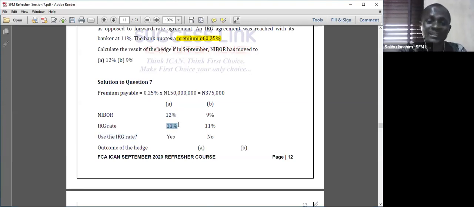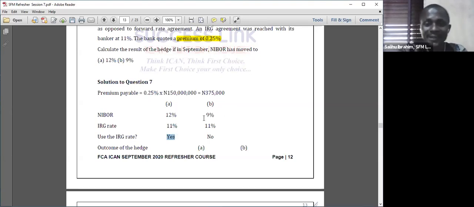It is better to borrow at 11%, isn't it? So I will say yes, honor the agreement, because it is better for me. I will be able to borrow at 1% less than the basis rate, okay? 1% less than the basis rate.